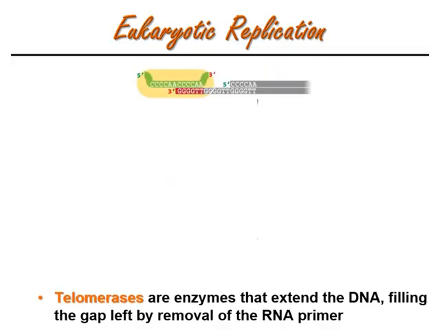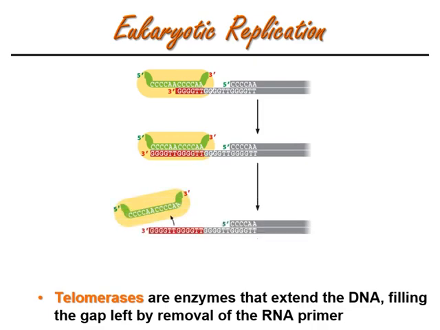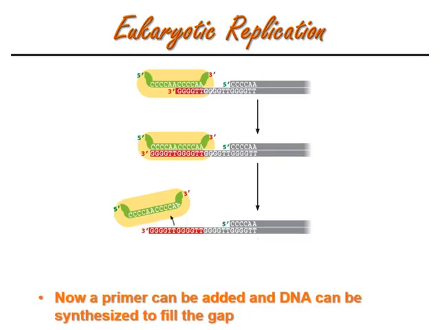So you can see that here. Now we've extended it tremendously. And once the telomerase leaves, there's enough room to lay down a primer and then start synthesizing. So now a primer can be added and DNA can be synthesized to fill the gap, thus giving us a solution to the end replication problem.